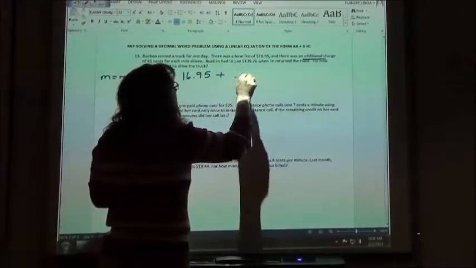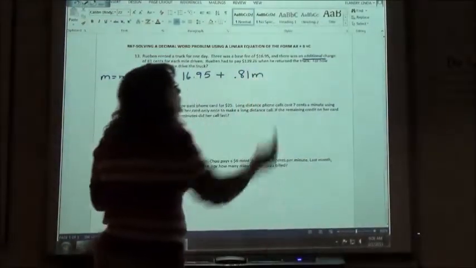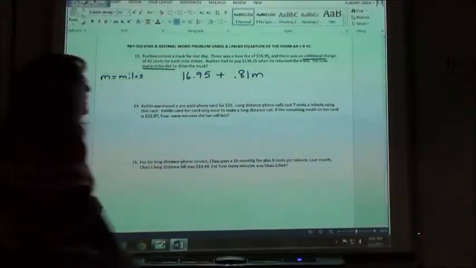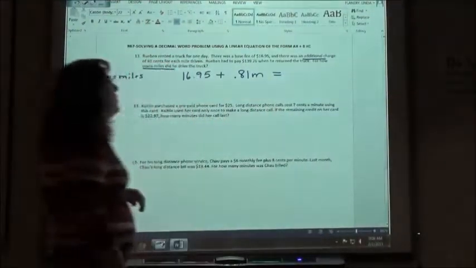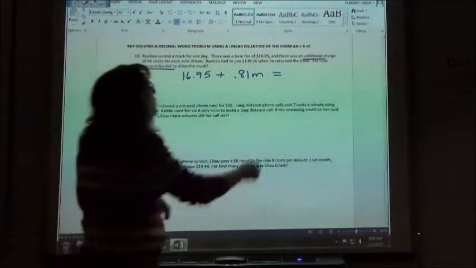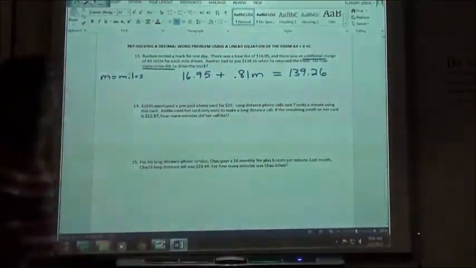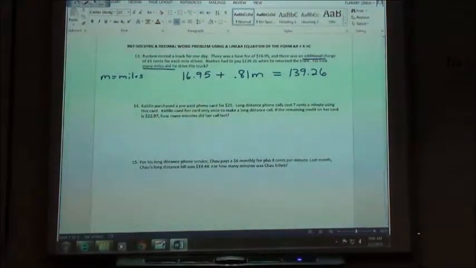So 81 cents per mile driven is 0.81 M. When he returned the truck, he ended up paying a total of $139.26. So my equation: $16.95 plus 0.81 M equals $139.26.